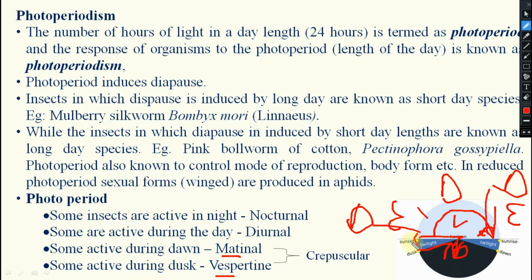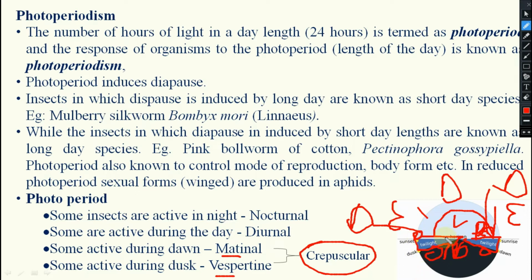Crepuscular means insects or organisms which are active during twilight time. What is twilight? In between dusk and night, in between night and dawn. This particular time period, in the morning we can say like 4:30 to 6 a.m., or in the evening between 6 to 7, or 5:30 to 7.